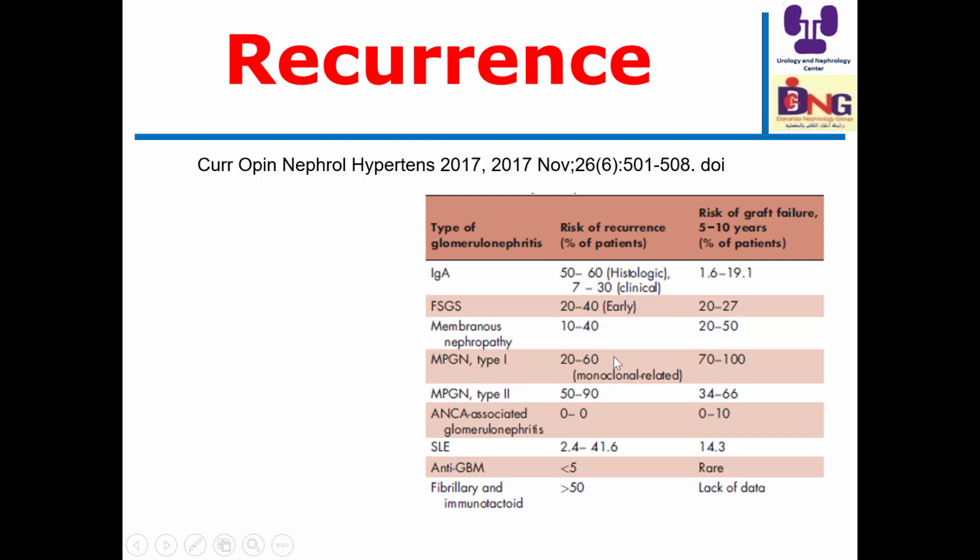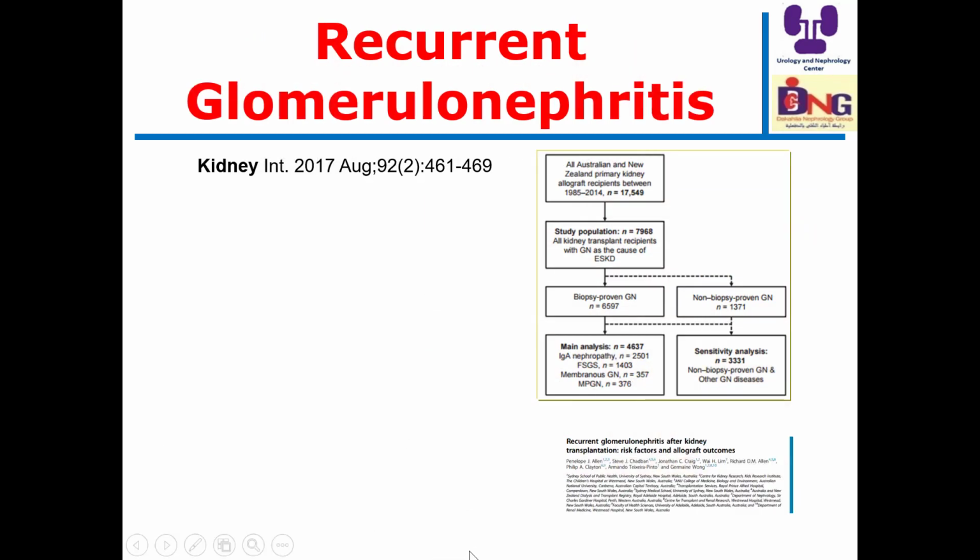Membranous, MPGN. Nowadays, we don't like MPGN type 1 and type 2, but we like immune complex mediated or C3 glomerulopathy, ANCA-associated glomerulonephritis, systemic lupus erythematosus, and GBM and fibrillary. So if you fix this slide, you can know the risk of recurrence and the risk of graft failure at 5 to 10 years of the patients.